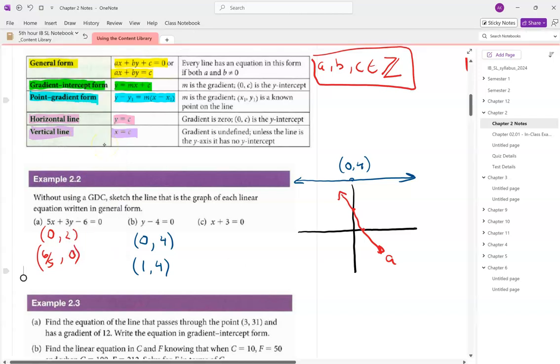If I look at C, what do I notice? There's no y, right? We have only an x. So the y is our free variable. What does the x have to be in any case? -3, right?